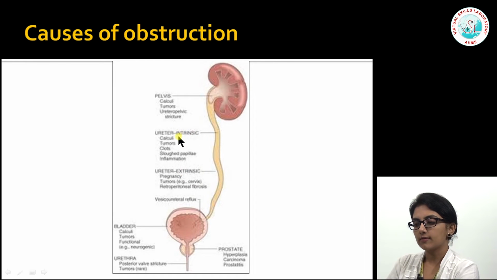Various intrinsic causes would include calculi, tumors, blood clots, sloughed papillae in cases of papillary necrosis, and inflammation. And if we go up in the pelvis, large stones, tumors, or strictures, PUJ or pelviureteric strictures, can result in obstruction.